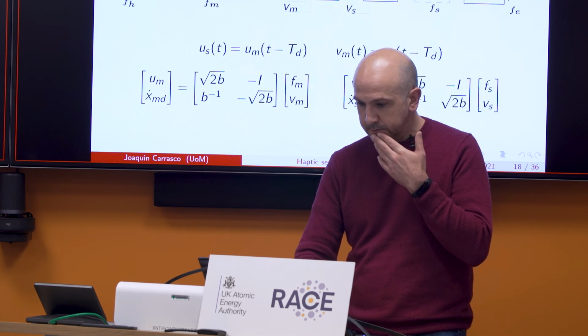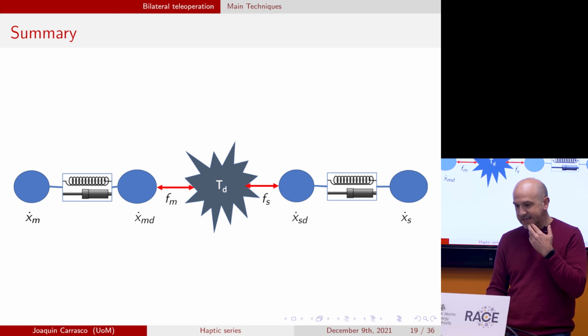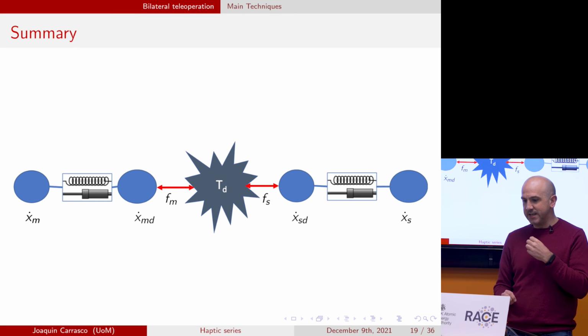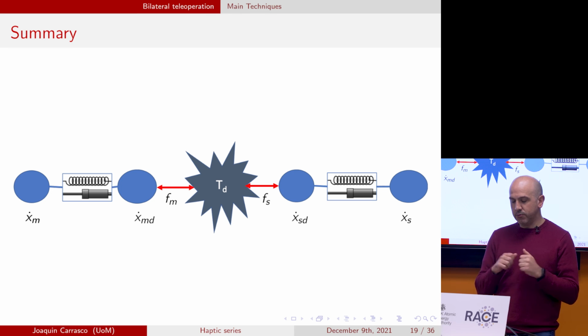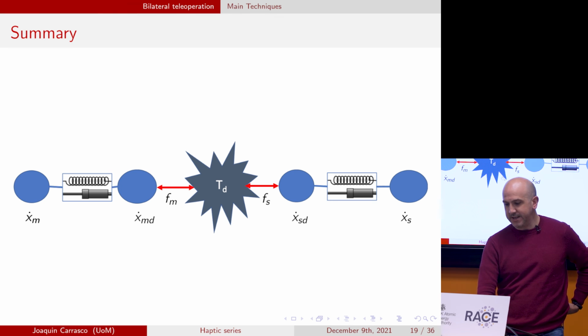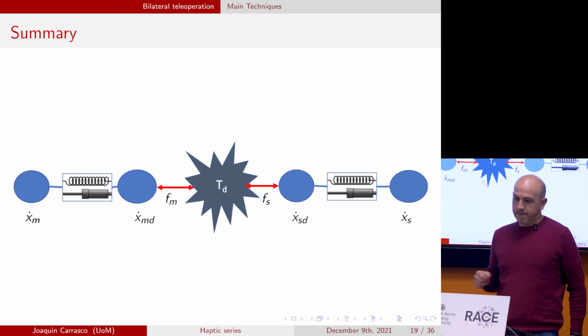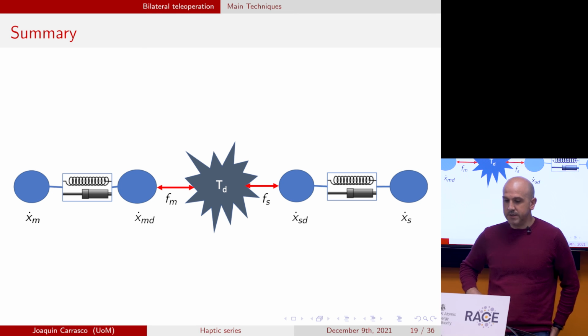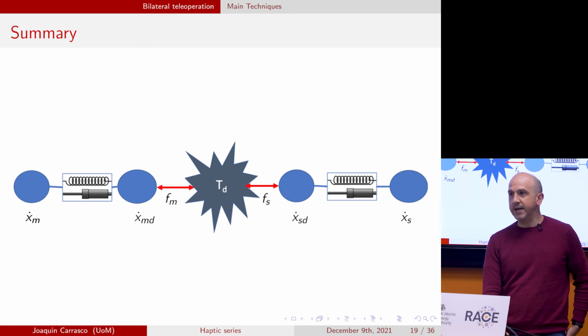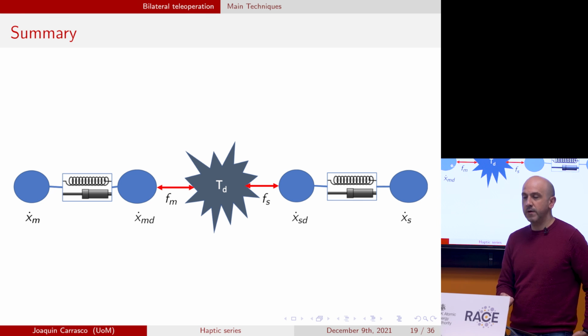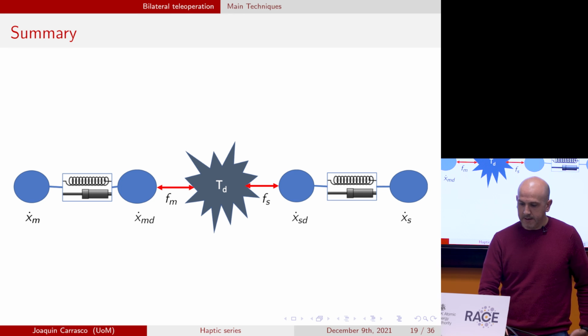So basically, after this, as a summary, what we are doing is performing a mathematical trick to make sure that this block is within the nice assumption that we are going to make. So then the human is going to be connected to a simulated robot that will have some kind of desired velocity.